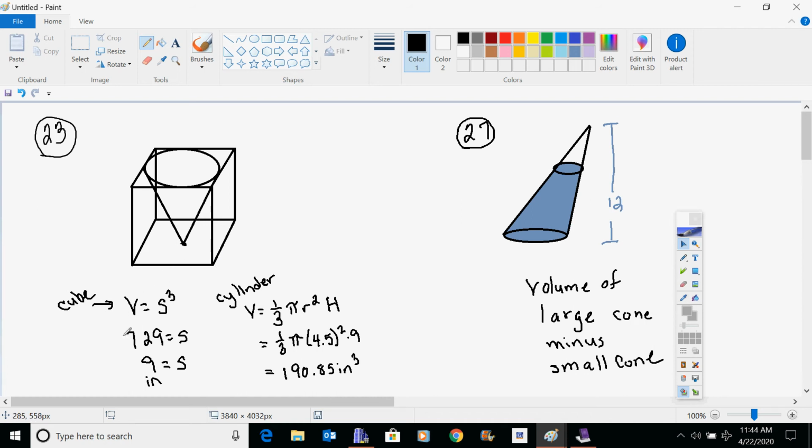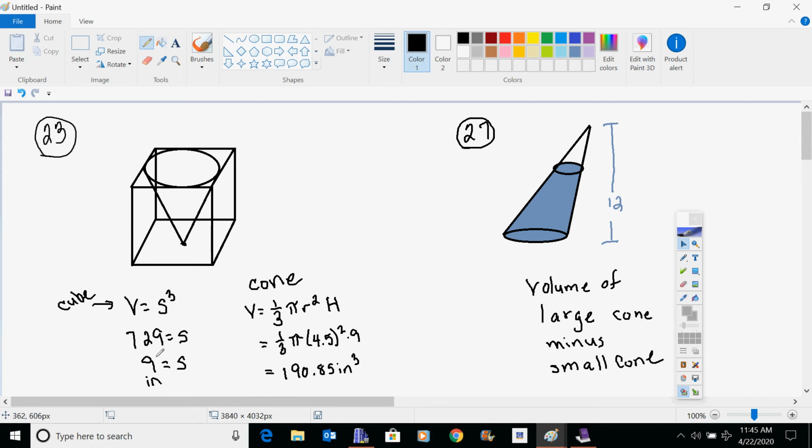They also gave us the information that 729 cubic inches was the volume of the cube. What we want to do with that is find out how much each of the side lengths is, because that's going to be needed to help us find the volume of the cone that's in there.